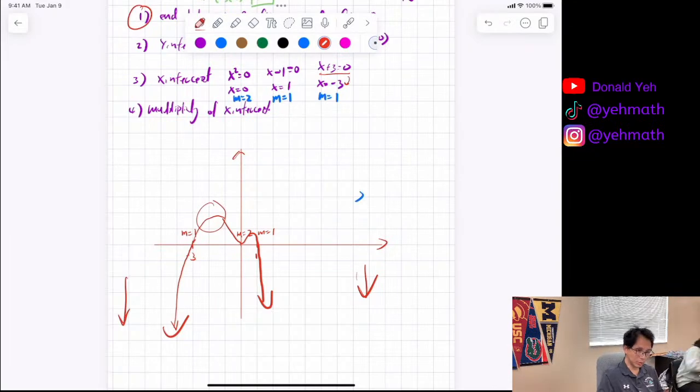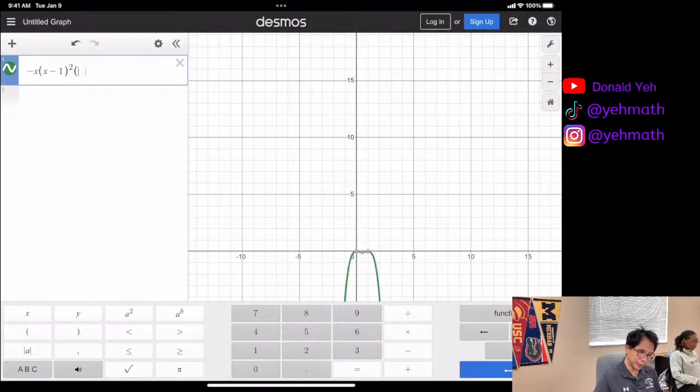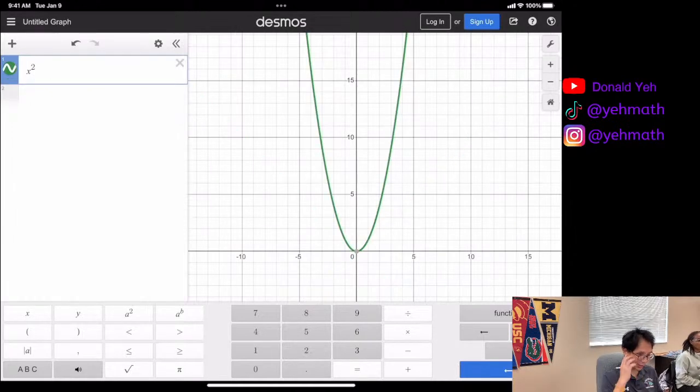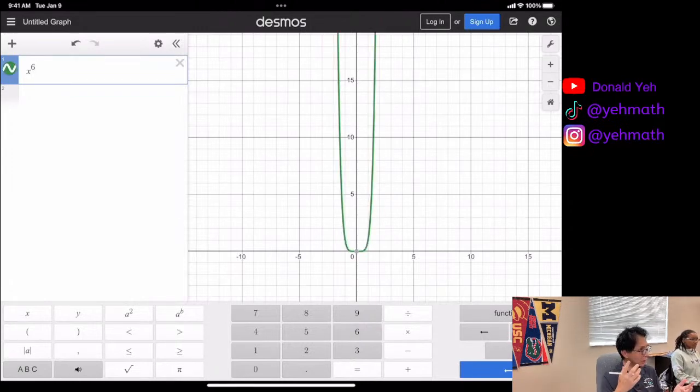Yes. So to show you, x to the 4, so x squared, that looks like this, right? And to the 4th, it just looks like this. To the 6th, it just looks like that. It's not changing, it's flatter. The higher the power goes, the flatter it gets, because the value is going to go up faster.